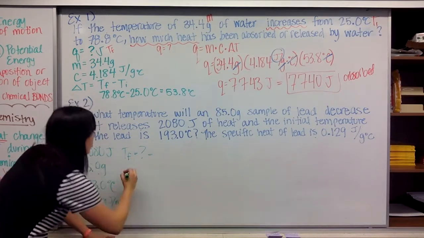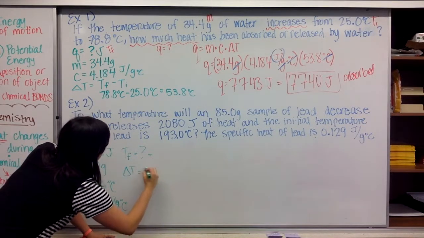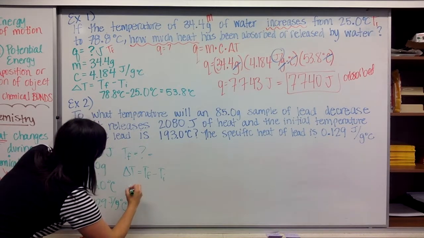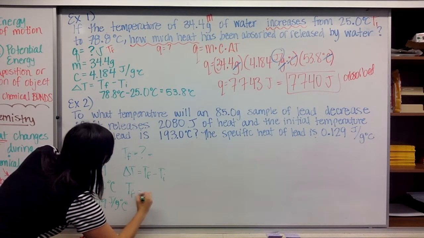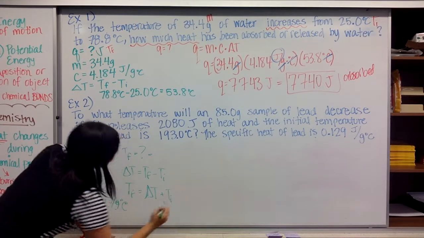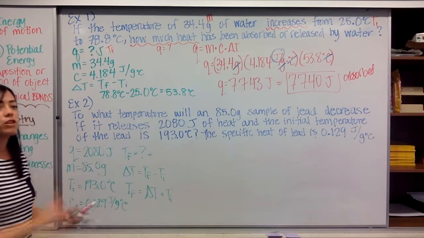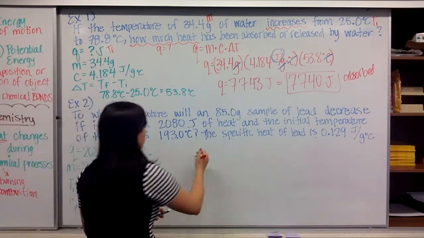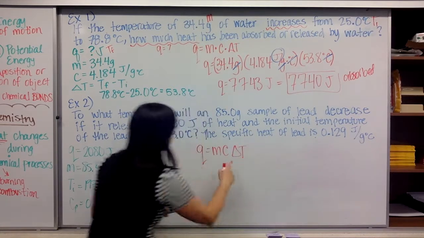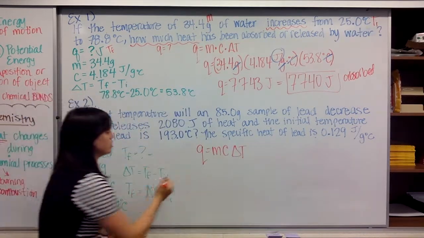It actually equals delta T equals T final minus T initial. So T final is actually equal to delta T plus T initial. Okay? So I am first going to use Q equals MC delta T. I'm trying to isolate temperature.